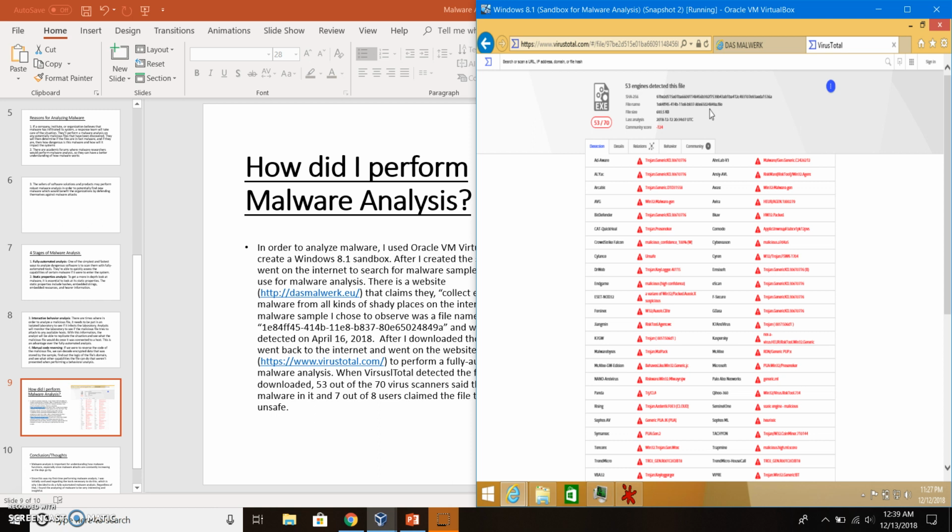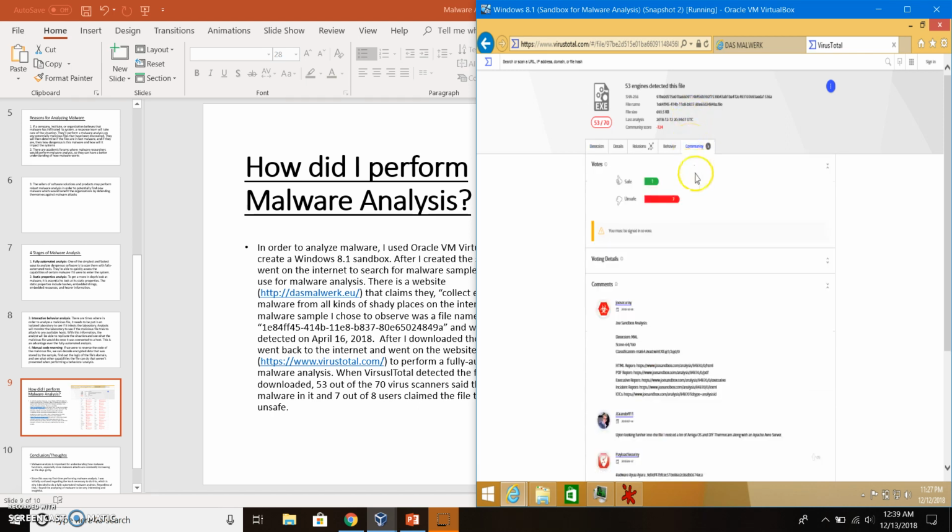These well-known virus scanners detected this file and found that there was malware to it. And if we go here to where there's not a lot of users on this website, but 7 out of 8 people, as I said before, considered the file to be unsafe.